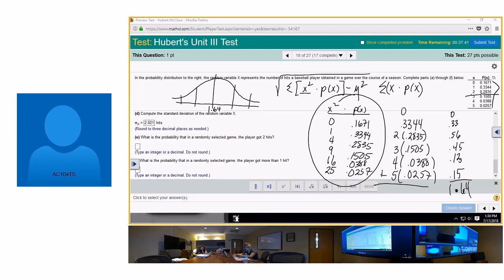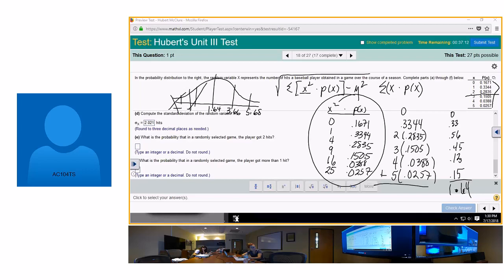What's 1.64 plus 2.02? 3.66 and 5.68. And what would the minus sign be? What's 1.64 minus? That's going to be a negative, so we don't really worry about that.